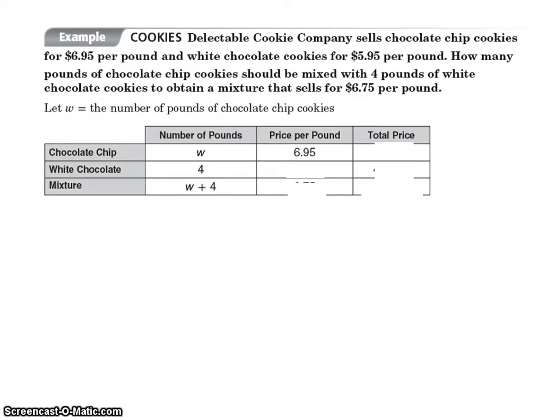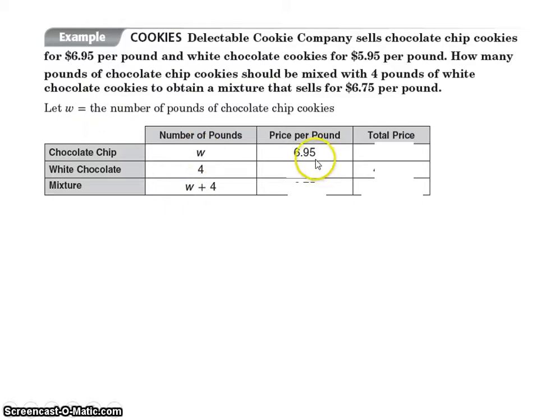How many pounds of chocolate chip cookies would be mixed with 4 pounds of white chocolate chip cookies to get $6.75? Well, we don't know how many chocolate chip, but we do know how many white. So on the bottom row, it's the chocolate chip plus the white. That's why we have an equation here.